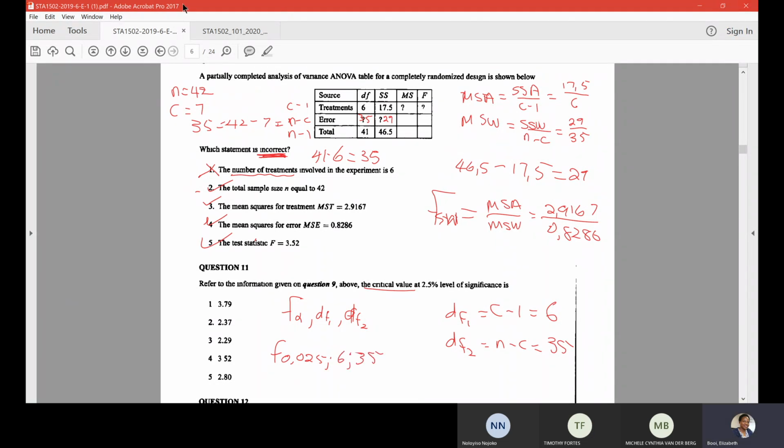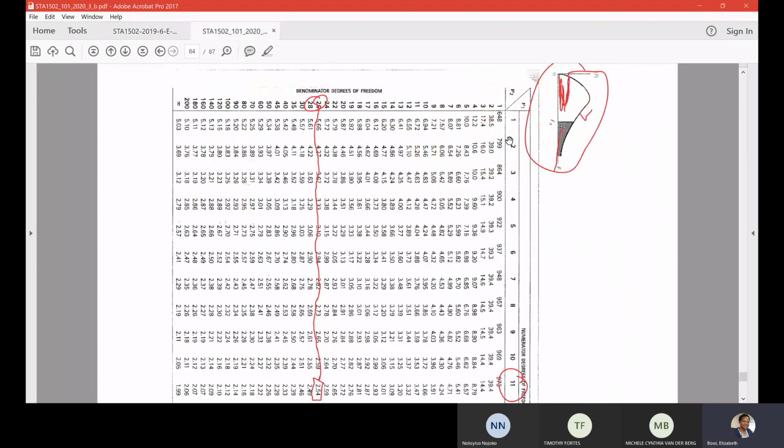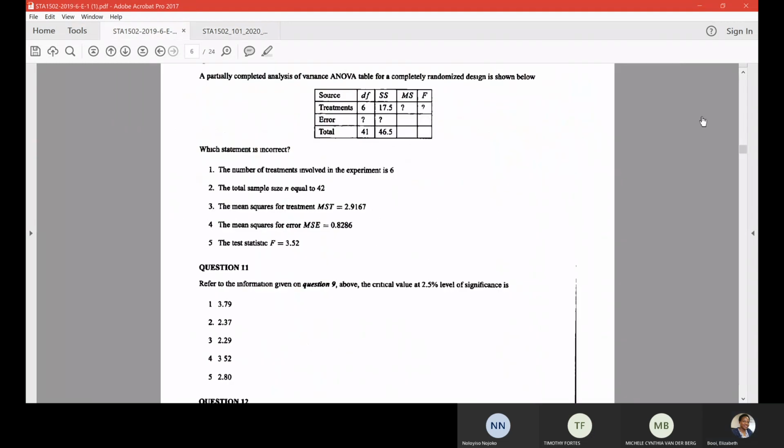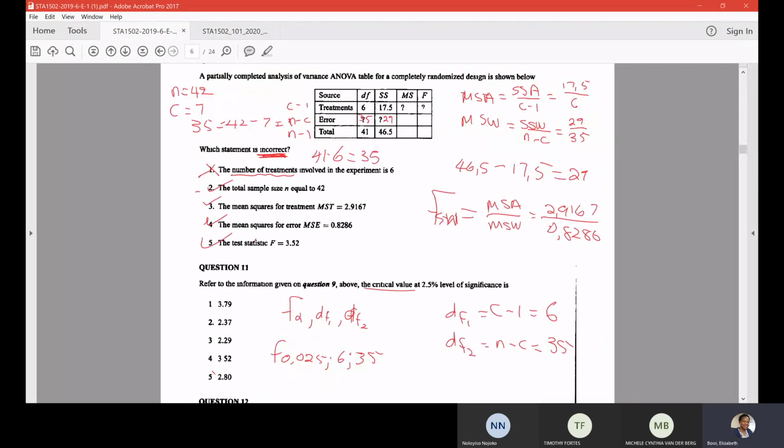So we go to the F table. We look for 0.025, which is the one that we are at. We're looking for 6 for degrees of freedom 1, and we're looking for 35 for degrees of freedom 2, where they meet: 2.80. 2.80.